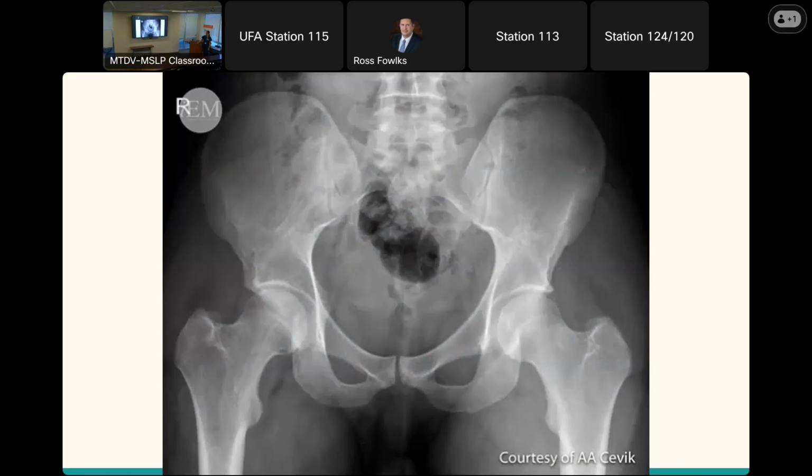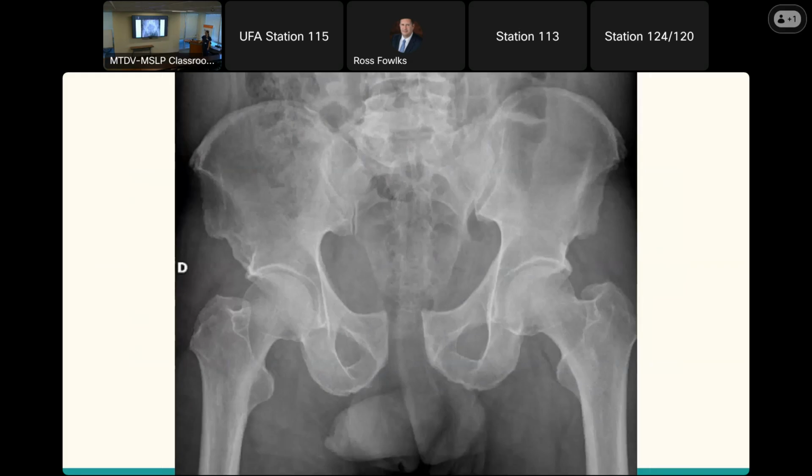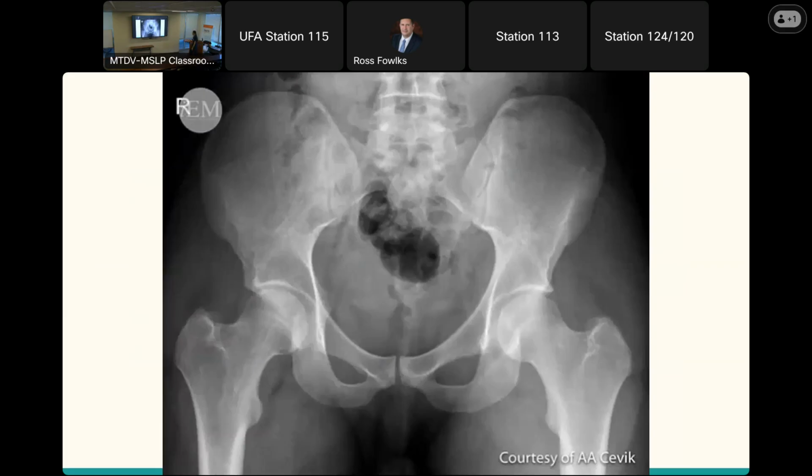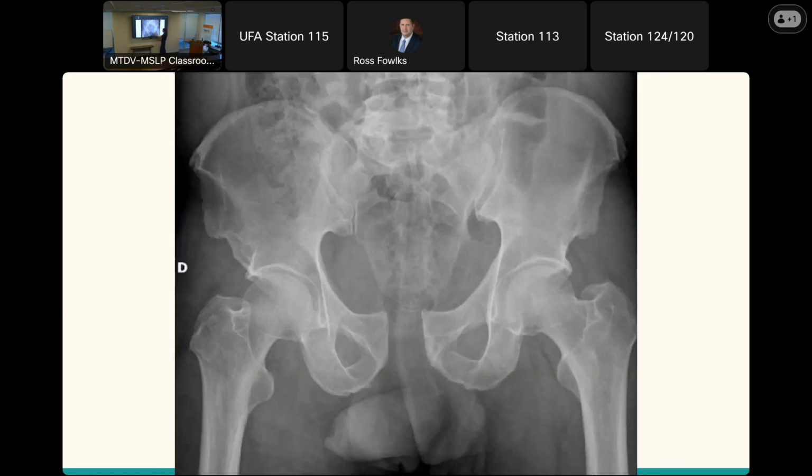And the pubic symphysis is together. This one's a little bit different. I'll go back. But looking at the symphysis there versus here, that's why.